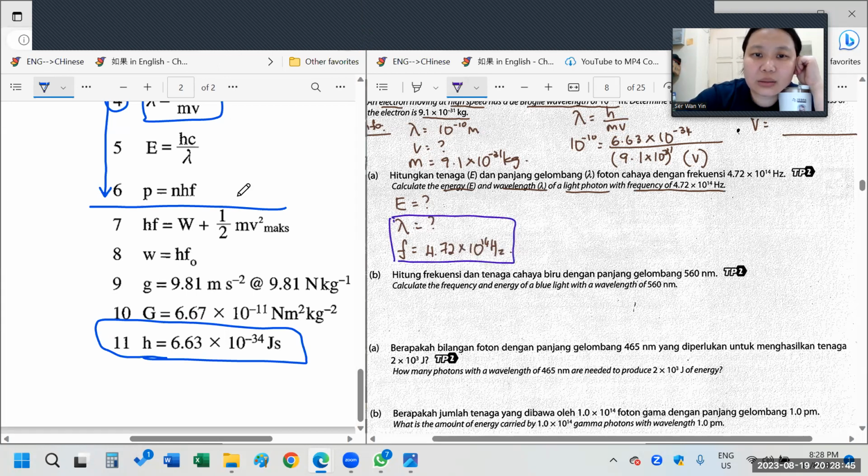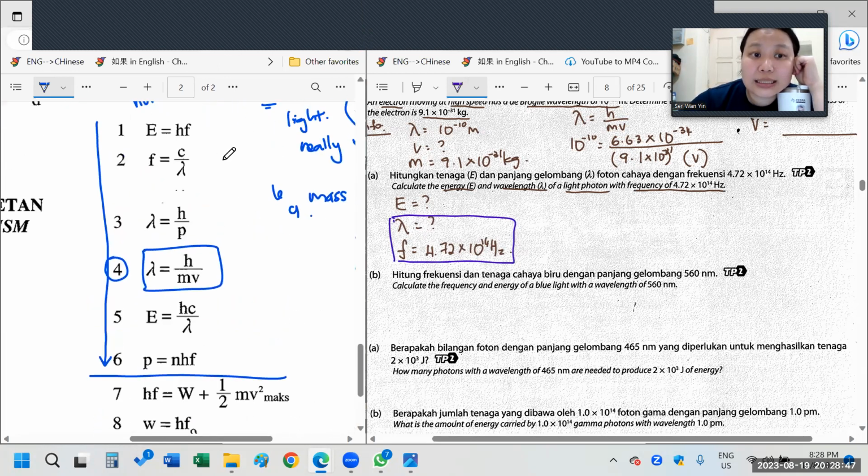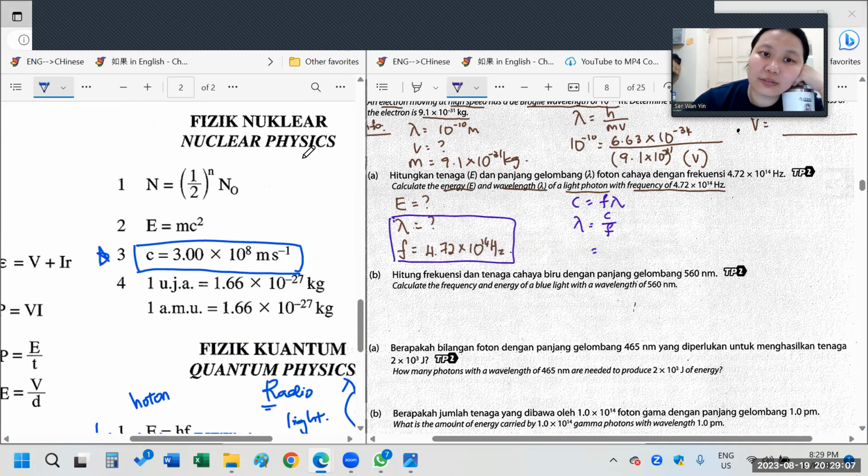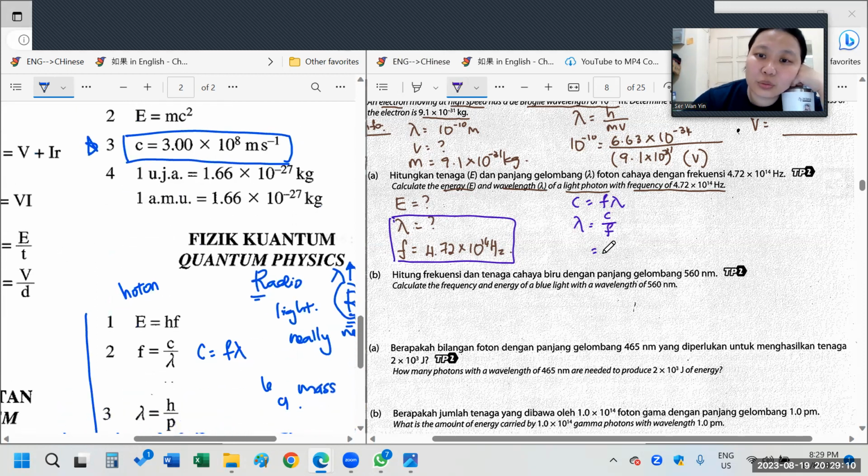When you see F and lambda, we know it's C equals F lambda. So lambda equals C over F. C is what? Light speed. You can get it from nuclear physics. C equals 3 times 10 to the power of 8 divided by the frequency 4.72 times 10 to the power of 14. Press the calculator and you will get the answer.